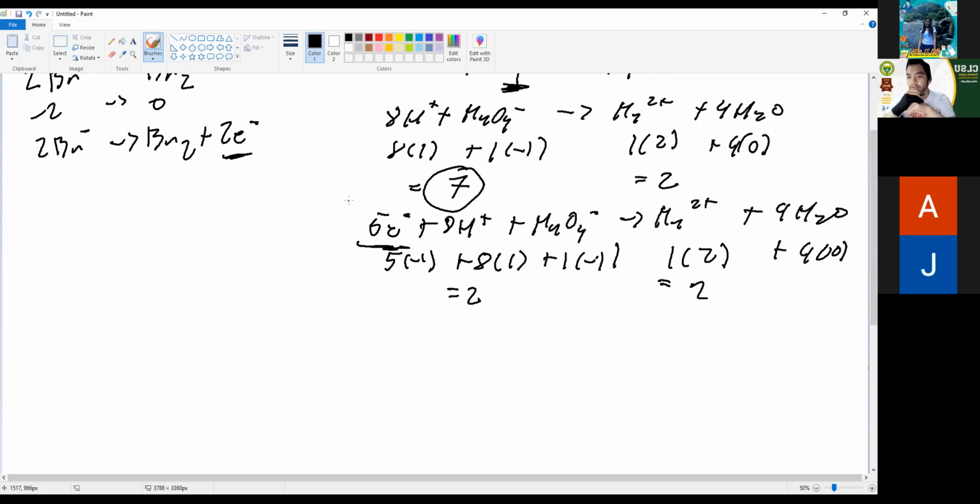Pero ang mangyayari kasi, fraction yung magiging coefficient ni Br2, kasi 2.5 Br2. Pangit naman. So, ang maganda dito, i-multiply natin sa 5 yung Br half reaction, and then i-multiply natin sa 2 yung manganese half reaction. That way, parehas silang 10 electrons.